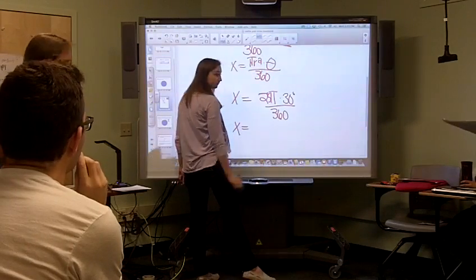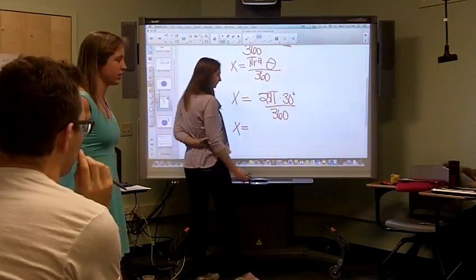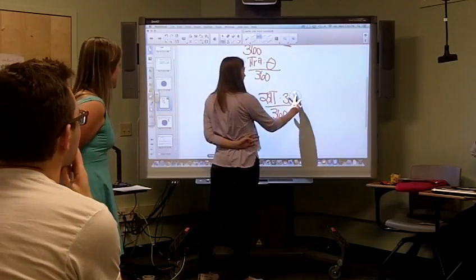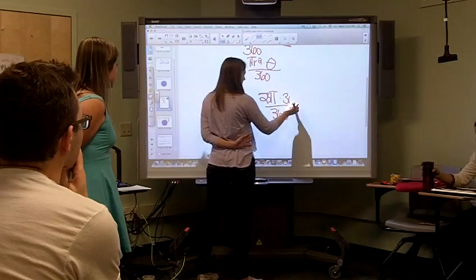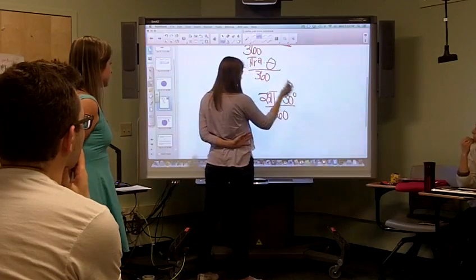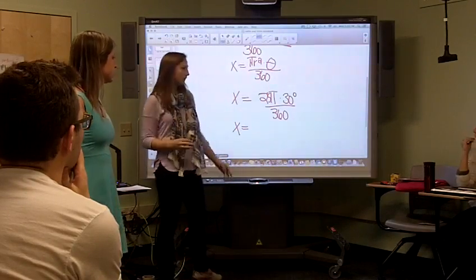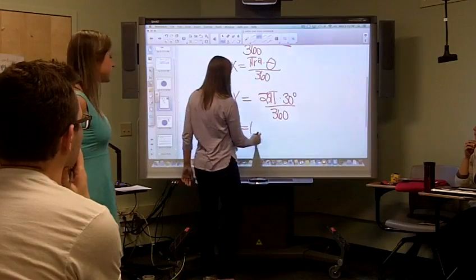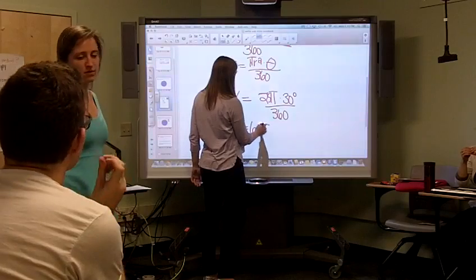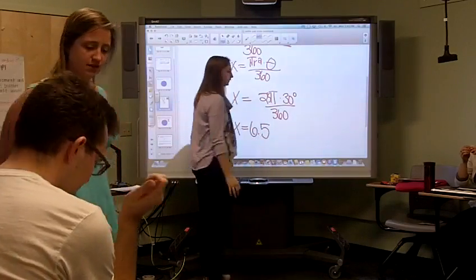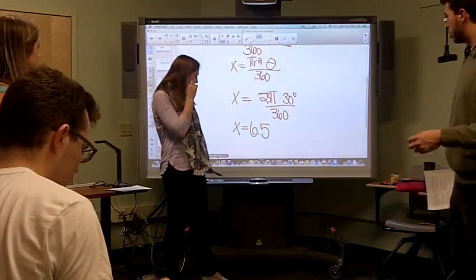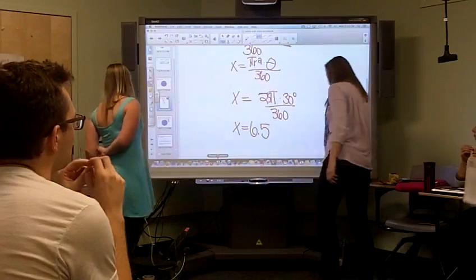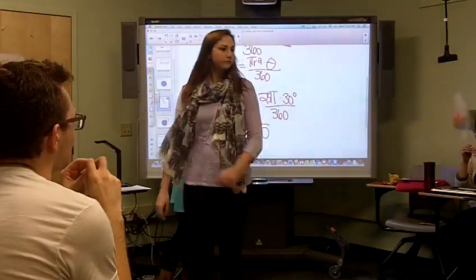Does anyone have a calculator that they wanna help her solve that with? Was that the same as what you found dividing the slice? Yeah. Cool. That's pretty awesome. So, are there any questions on how we got here?